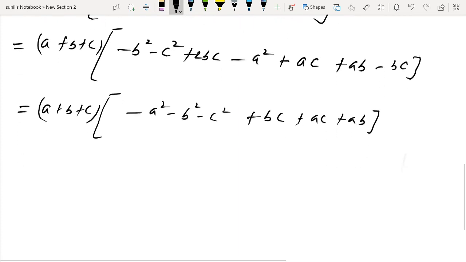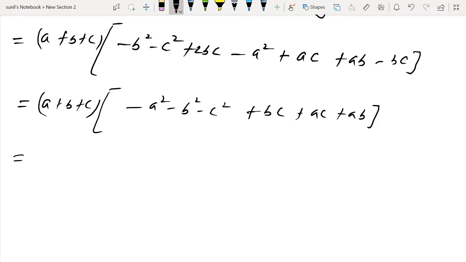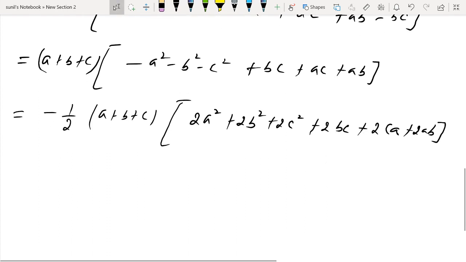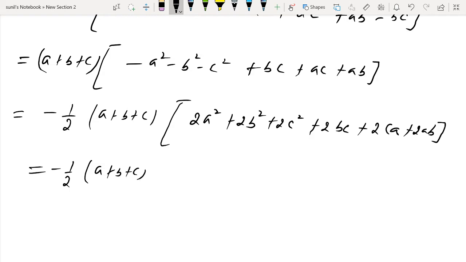Now see, can we write this as, we multiply and divide by 2, we will be having 2A square, 2B square, 2C square, 2BC, 2CA, 2AB, which is equal to minus half A plus B plus C, and which is nothing but A minus B whole square plus B minus C whole square plus C minus A whole square.